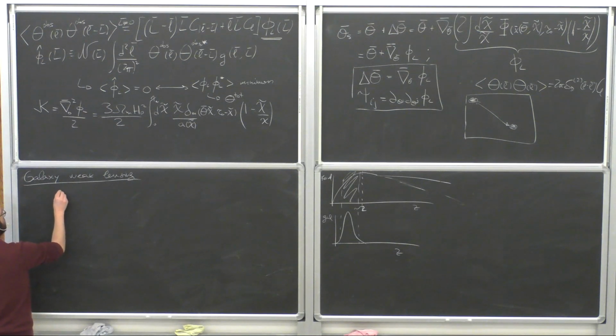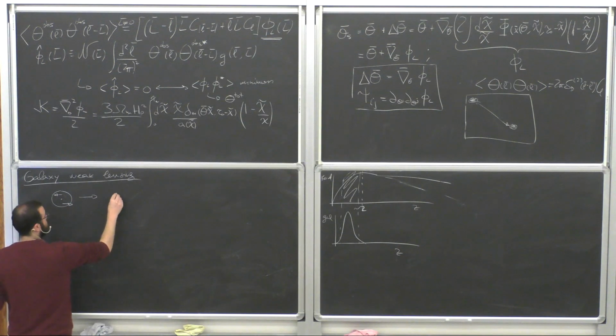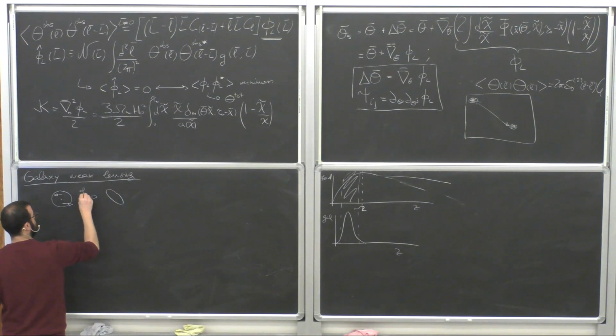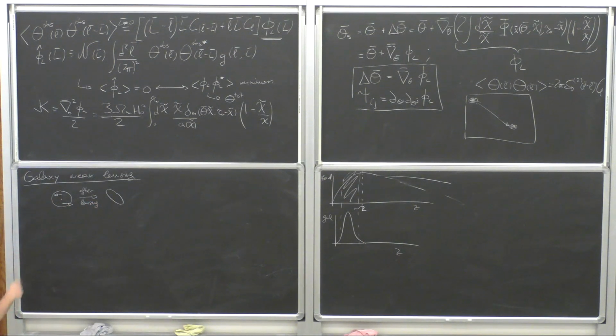Because if we have some galaxy that we observe with some point spread function from our telescopes, and we have our origin exactly at its center, the deflection angle here is going to be different than here, such that, for example, if these two point towards different directions, we are going to end up observing, after lensing, the galaxy with ellipticity.